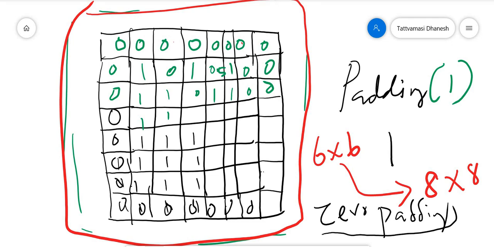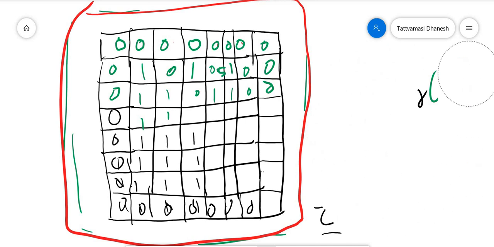Normally, previously I told you the equation without padding: the size of the output is given by n minus f plus 1.